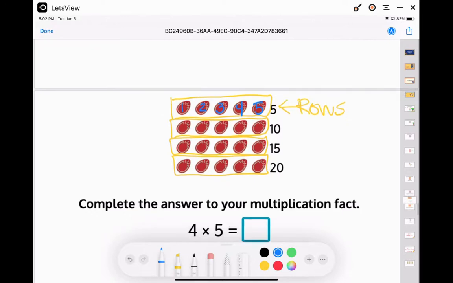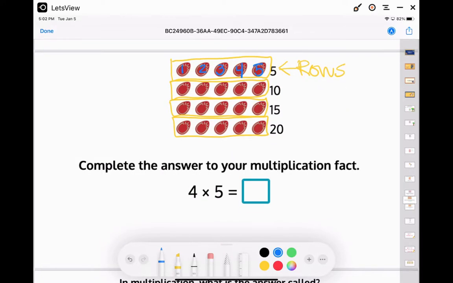If we have 4 rows, and we have 5 seeds in each row, what is the product?